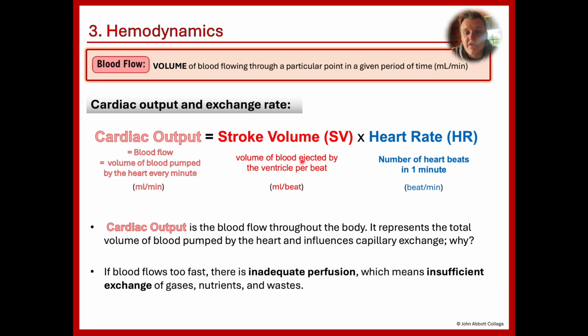So this is the volume of blood that's ejected by the ventricles for 1 beat. So think of the heart, right? And I want you to think of a straw coming out. Pretend that's the artery. If you take the water balloon and slightly squeeze it, right? A little bit of water would come out. A little bit of blood would come out of the heart. If you took the water balloon and squeezed it hard once, a lot of water will come out, right? So that stroke volume is how much is coming out in one beat only, not many beats, one beat.